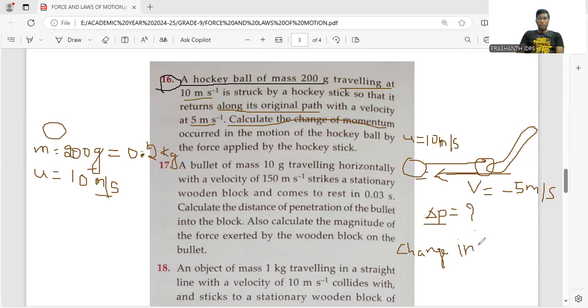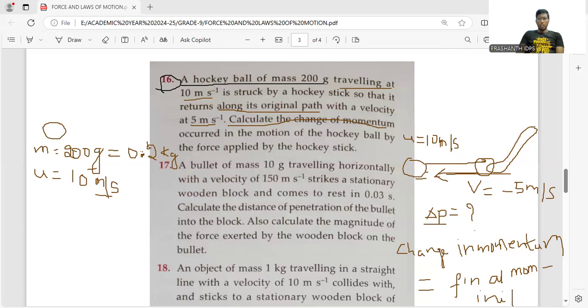Change in momentum. I'm just writing MOM, but you don't write MOM. You should write the whole word momentum. Change in momentum is equal to final momentum minus initial momentum.